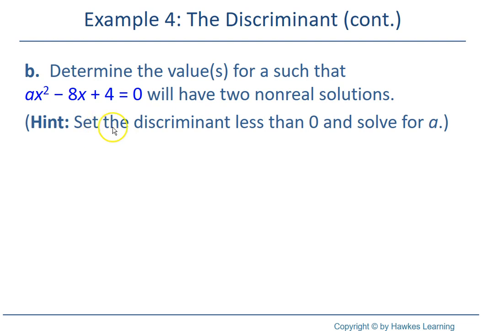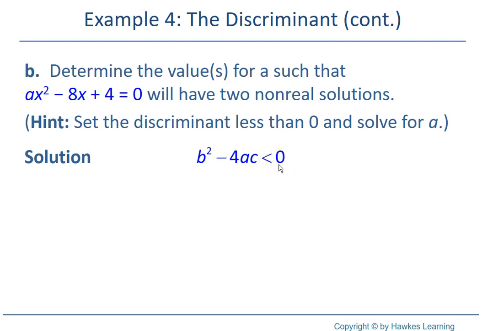And then here, set the discriminant less than 0, and then solve for a. All right, let's set that up. So there's our discriminant, and we're saying that this is going to be less than 0.